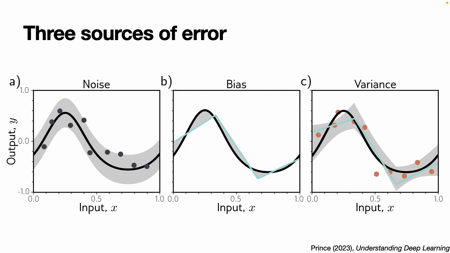And so noise here means I've got some testing data, right? Some data that is supposedly drawn from the distribution, some data that represents this true underlying model. But that data is noisy. By noisy here, it just means it doesn't lie exactly on the true model.